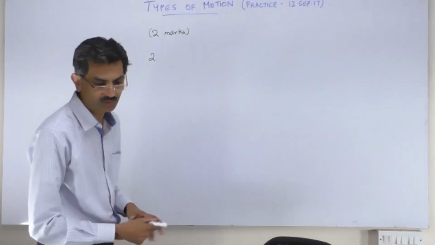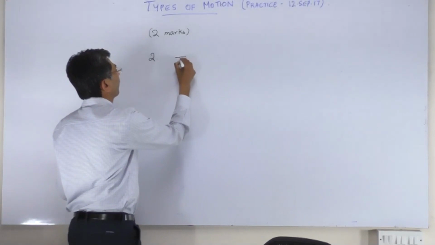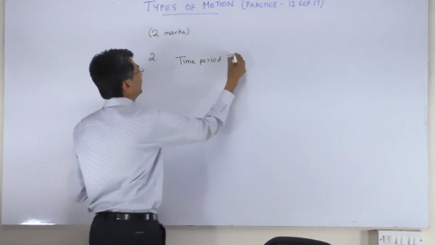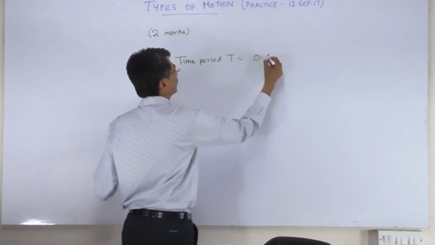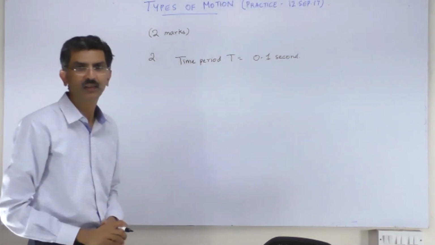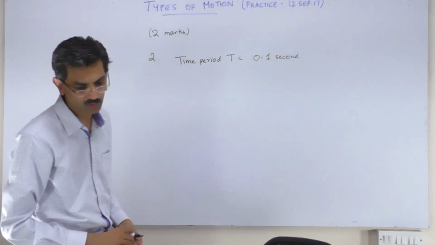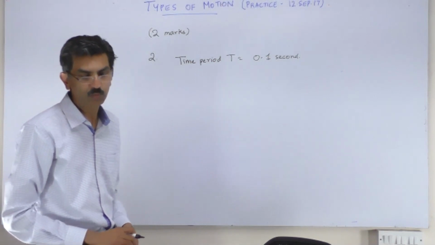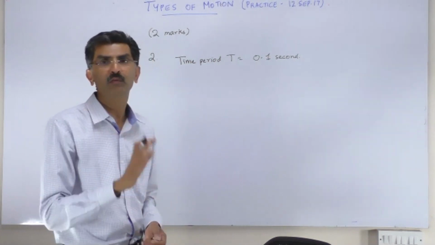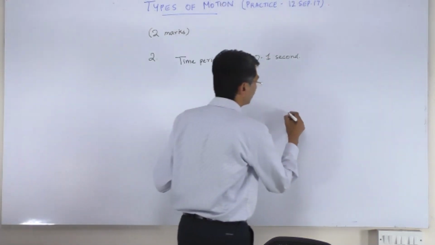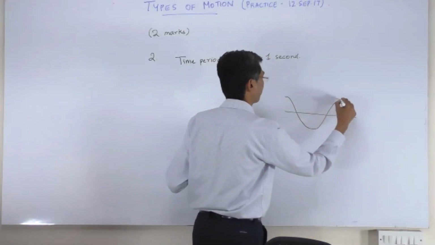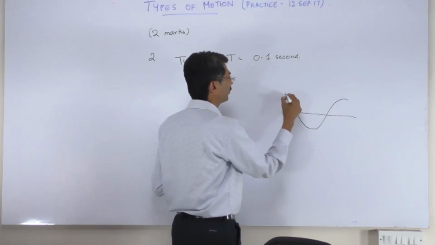This is a problem where the time period t is given as 0.1 second. And what else is given in the question? The distance between two consecutive wave crests. So what does a wave crest mean? If this is the wave, this is a crest.